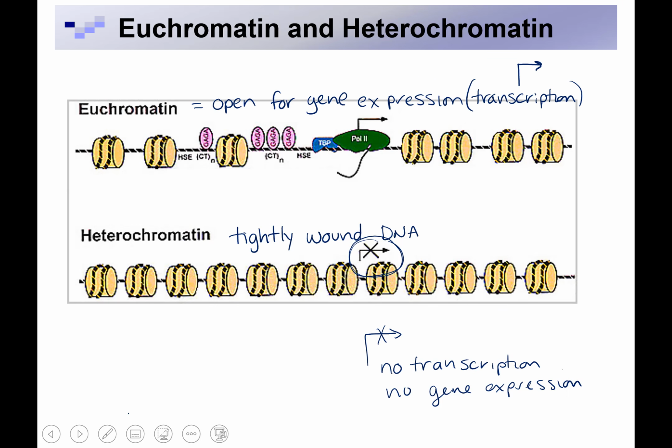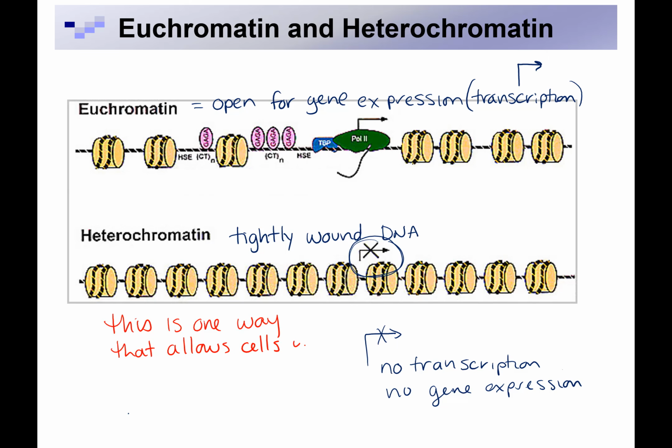The reason this concept is so important is something I want you to start thinking about. This is one way that allows cells with the same genetic information, so all your cells in your body pretty much have the same genetic information, to have different functions, to be of different cell types.